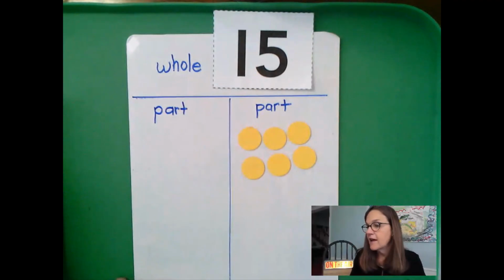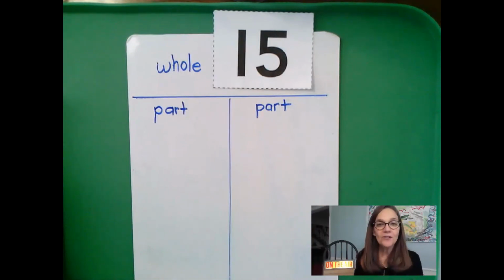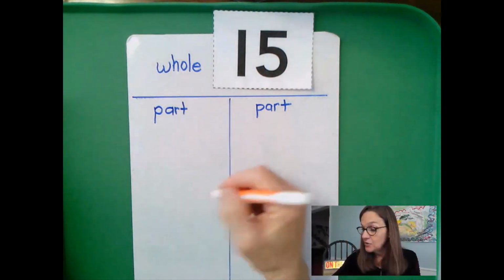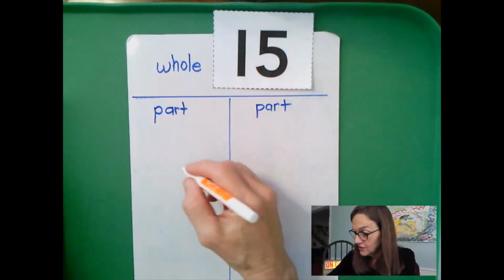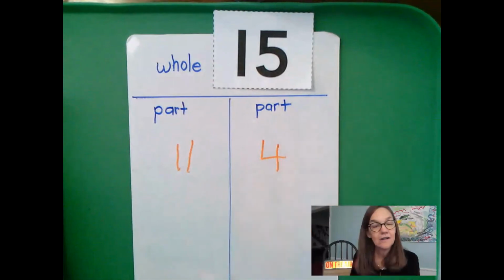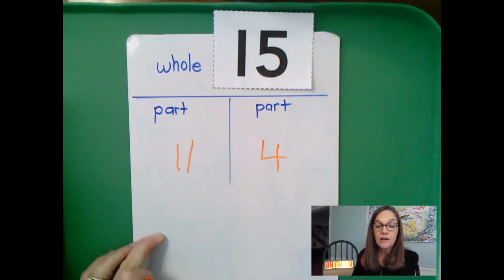If you don't have any counters or any Lego figures or anything else, you could always take a pencil, dry erase marker, whatever you have on hand, and you could write numbers. Another combination for 15 could be 11 and 4. Okay? And you know the fact family for 11 and 4.